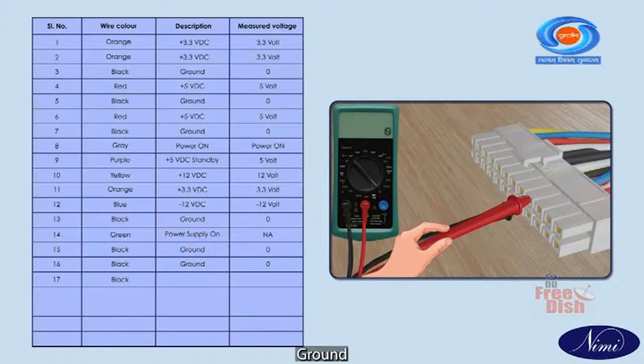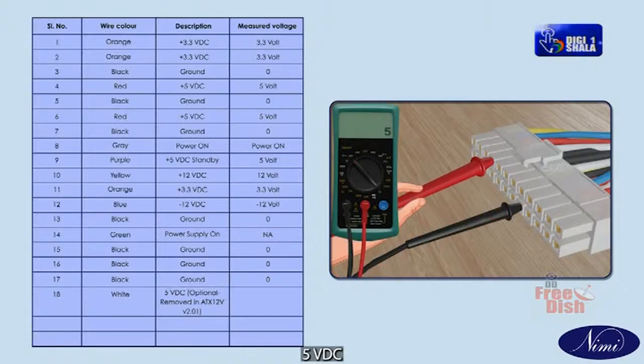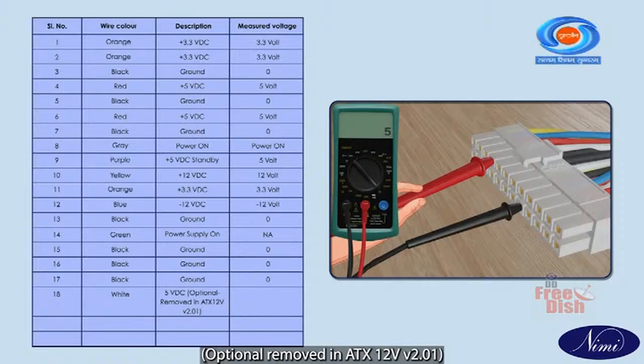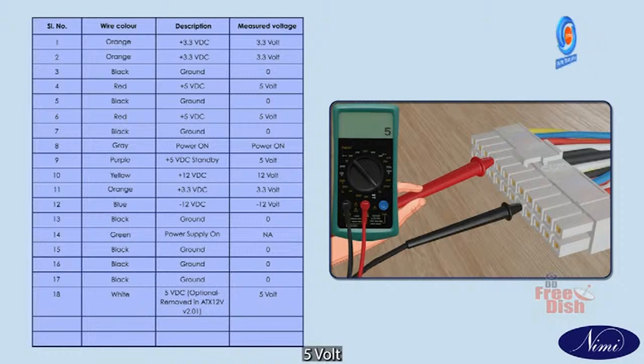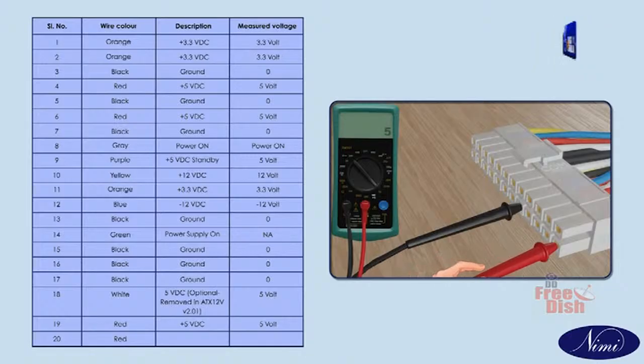Black, ground, 0. 18. White, minus 5 VDC, optional, removed in ATX V2.01. 19. Red plus 5 VDC, 5 volt. 20. Red plus 5 VDC, 5 volt.